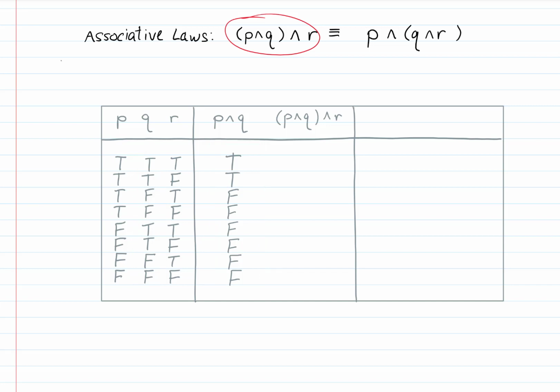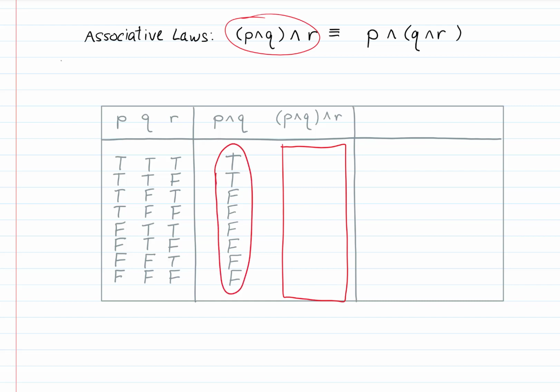All right, now to do this one, which is one of the columns that I want, that's this guy right here. To do that, I have the conjunction of this and this. When are conjunctions true? Only when both components are true.